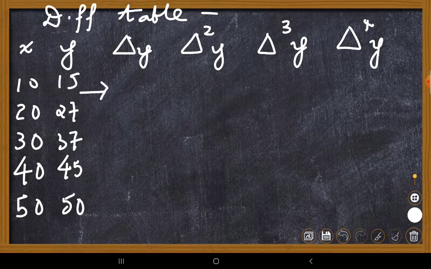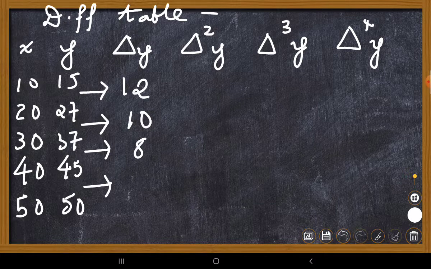So 27 minus 15 will be 12. Next, 37 minus 27 will be 10. 45 minus 37 will be 8. 50 minus 45 will be 5. Next, 10 minus 12 will be minus 2. 8 minus 10 will be minus 2.